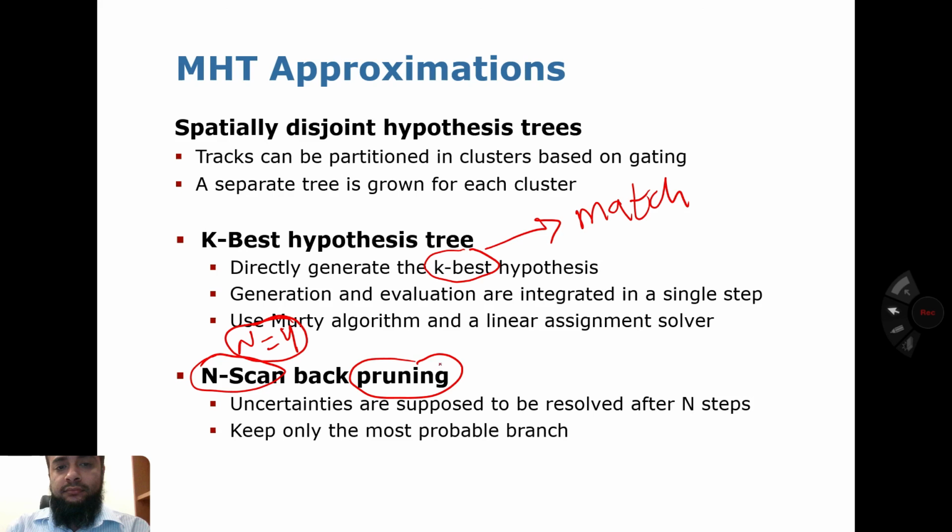The pruning threshold may be 0.01 or 0.05, or it lies between these values. So if the association probability is less than this value, then those hypotheses are deleted.